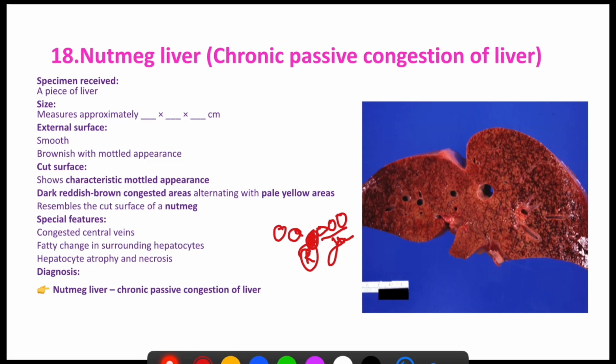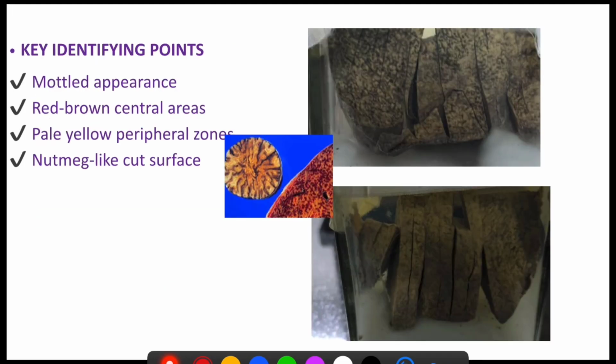This is chronic passive congestion of the liver, and the cause here is right sided heart failure. In the case of the lung, it is due to left sided heart failure. So here is the mottled appearance. This is a nutmeg, and you can compare this cut surface with the appearance of the nutmeg liver.